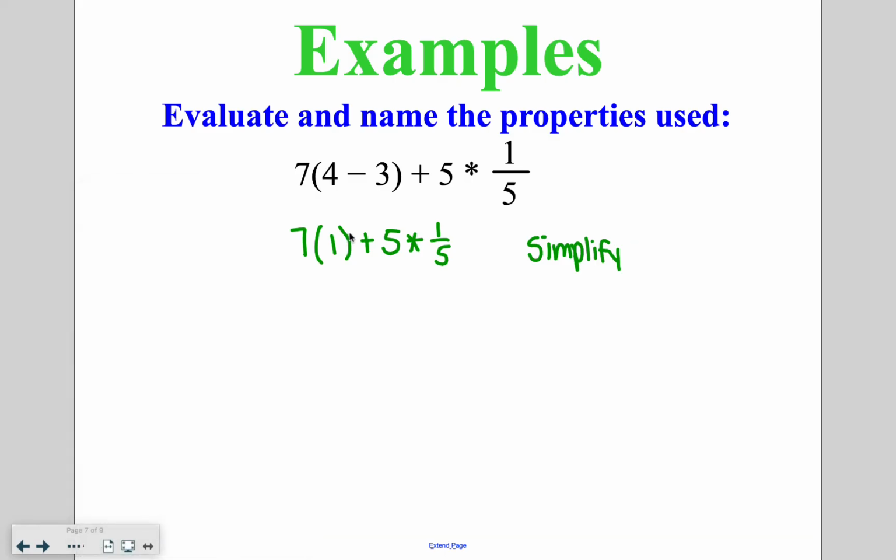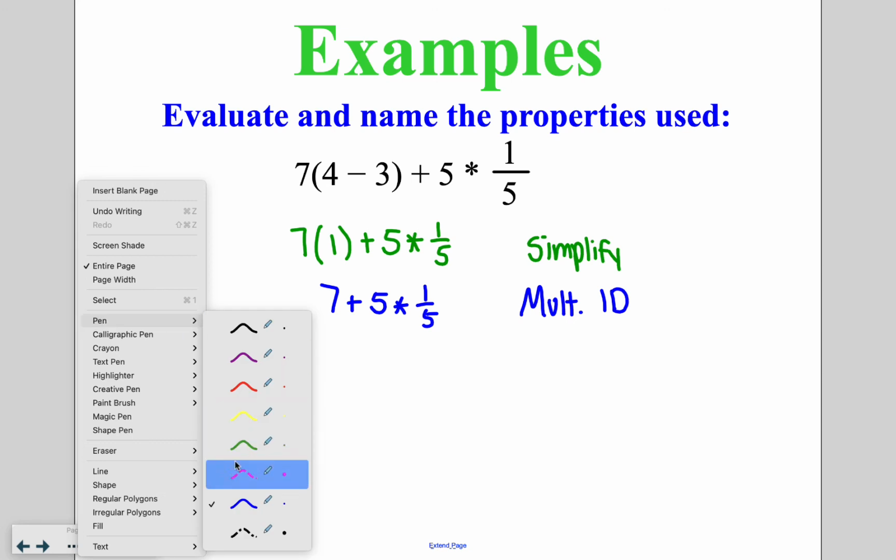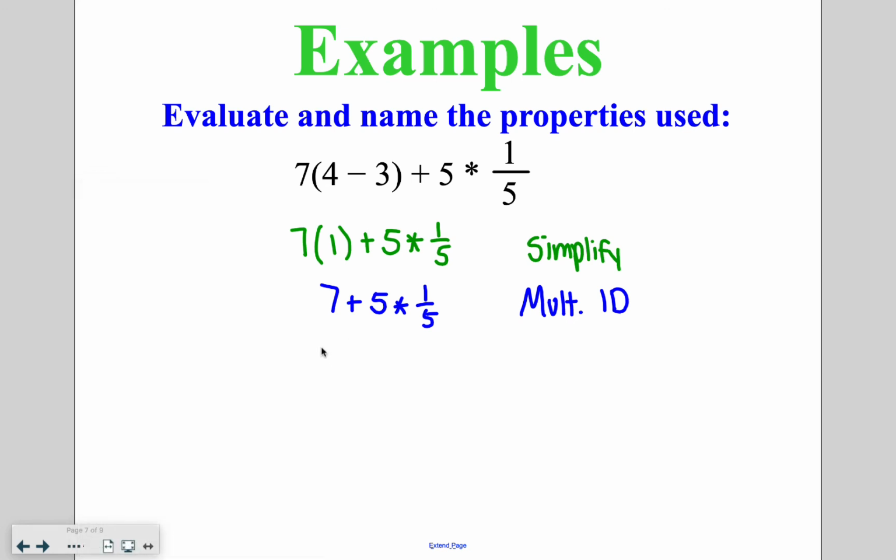The next thing I'm going to do, according to PEMDAS, is 7 times 1. That's going to give me 7. In that step, I am multiplying by 1, which is my multiplicative identity. My next step, according to PEMDAS, is going to be to do 5 times 1/5.